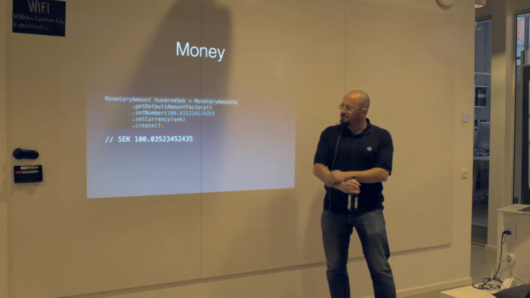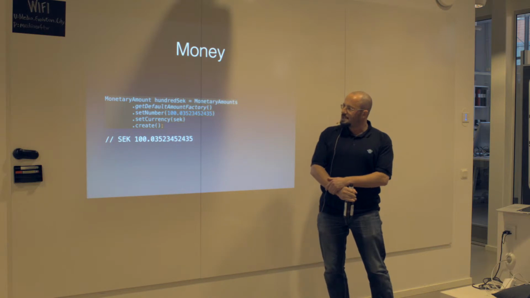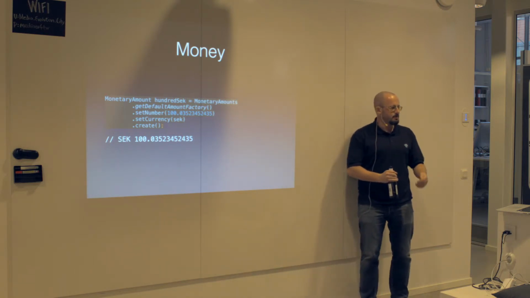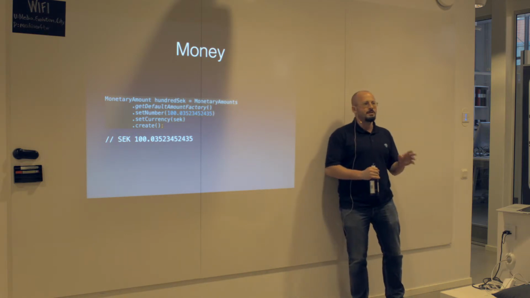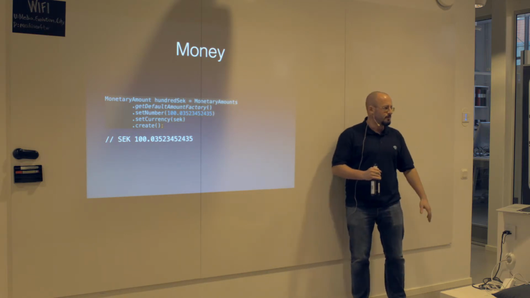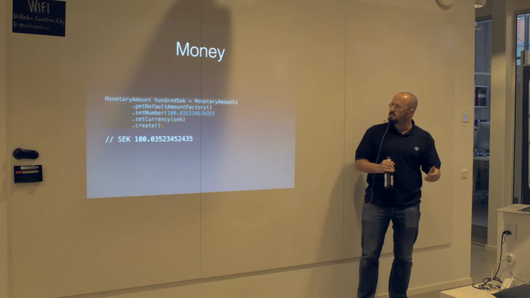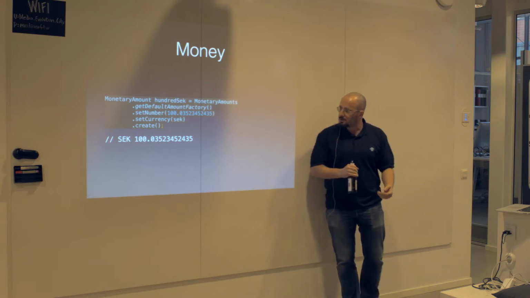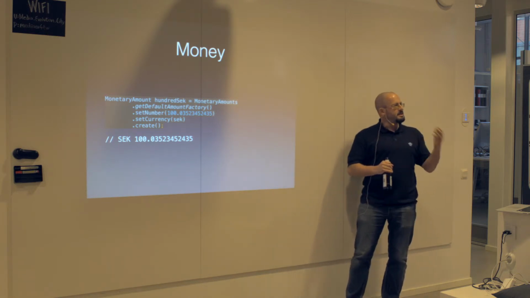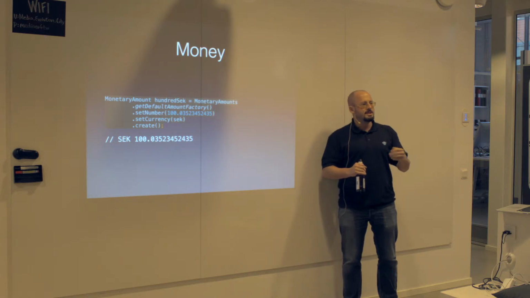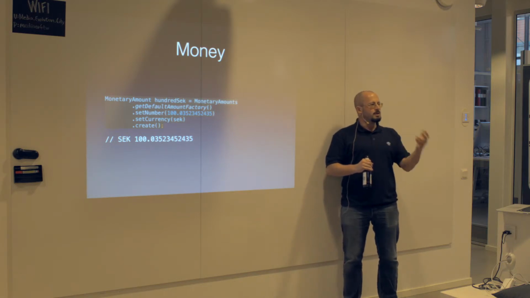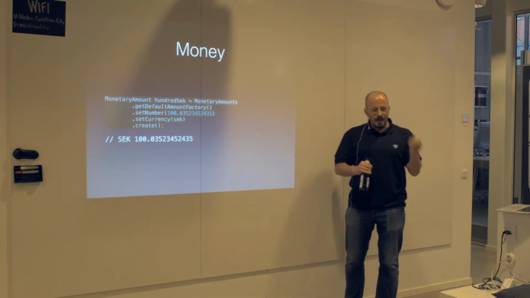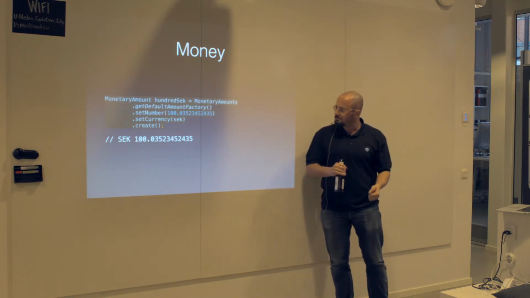To get actual money, that's the standard way. So we get a factory, and there is a number of different ones in the implementation, but there is a default one. You set the number, how much money you want, and set the currency. Then do create. You get a MonetaryAmount, it's an interface. The interface is supposed to be implemented only by immutable classes according to the documentation, and the classes in the reference implementation are immutable.